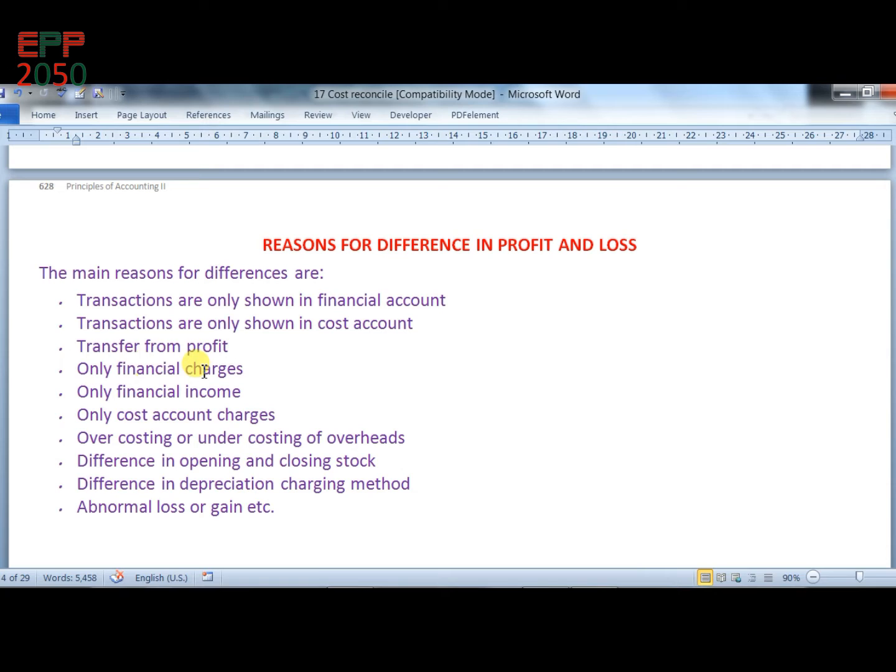Transactions or income only recorded in financial account. Expenses or charges only recorded in cost accounting. Overcosting or undercosting of overhead. Differences in opening and closing stock. Differences in depreciation charging method. And abnormal loss or gain, etc. These are the main reasons for the difference between cost accounting and financial accounting profits.